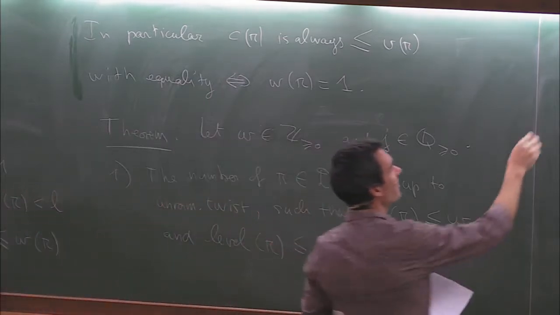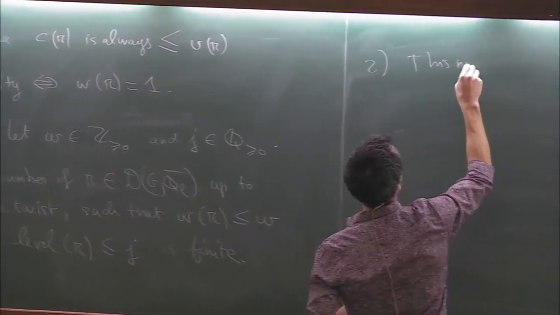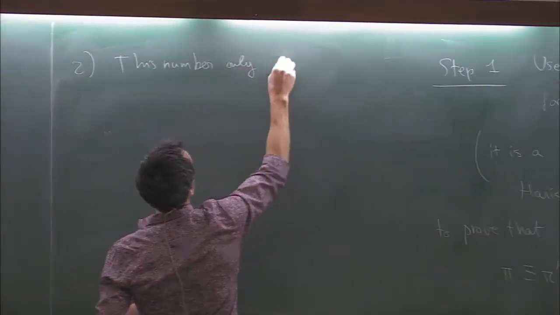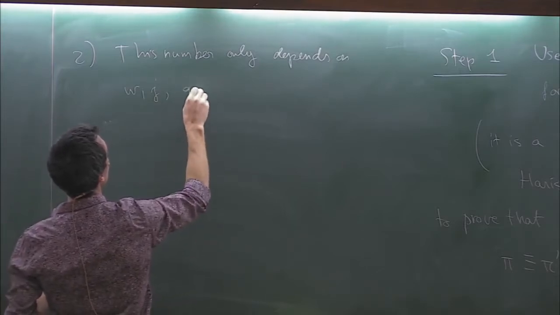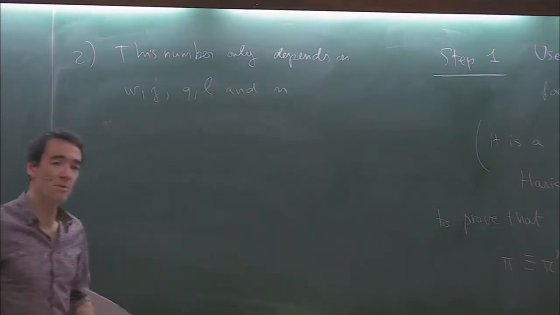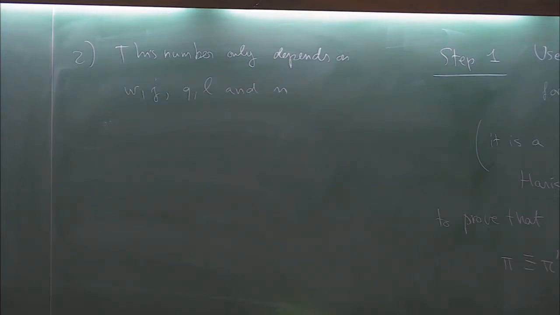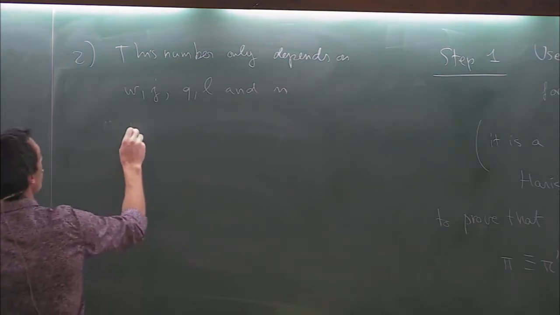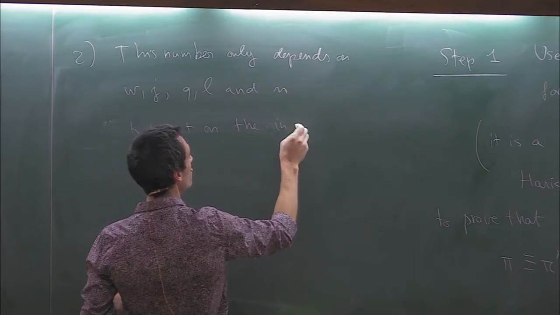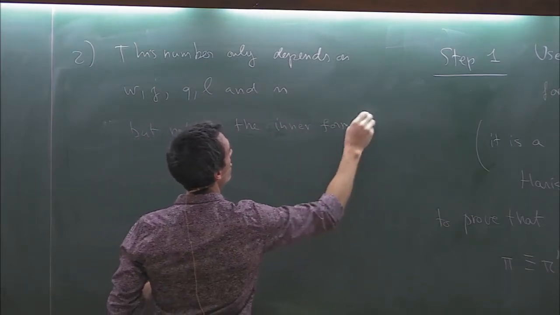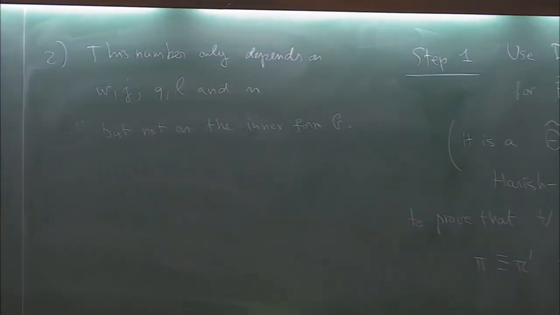And the second part of the theorem is that this number only depends on W and J, of course, and on Q, L, and N. But you will notice that it depends neither on D nor on M. So it does not depend on the choice of the inner form G. Just one remark: why is there this level J which occurs?